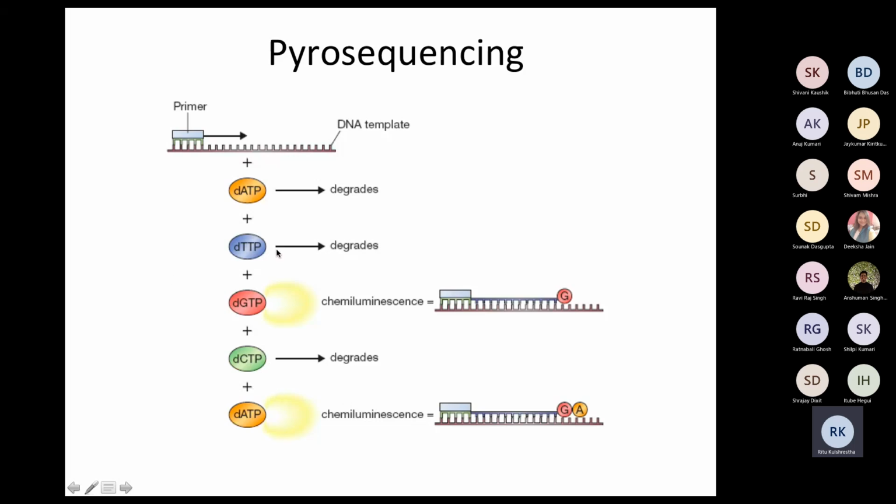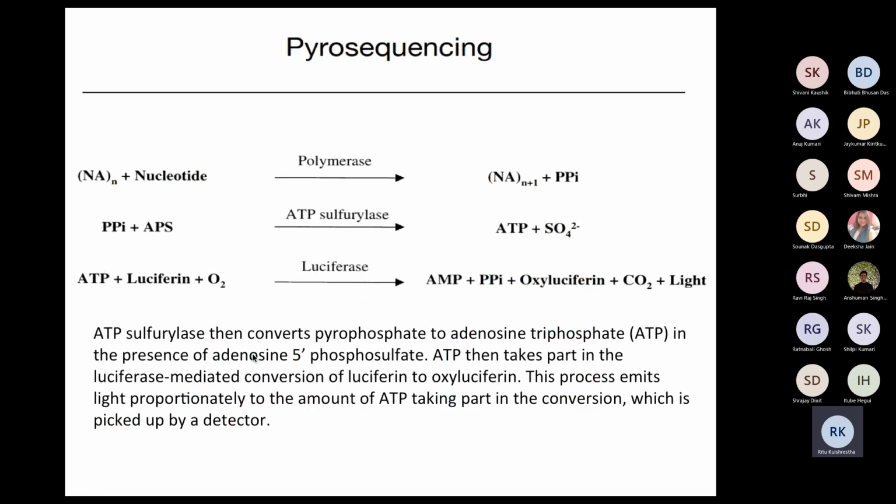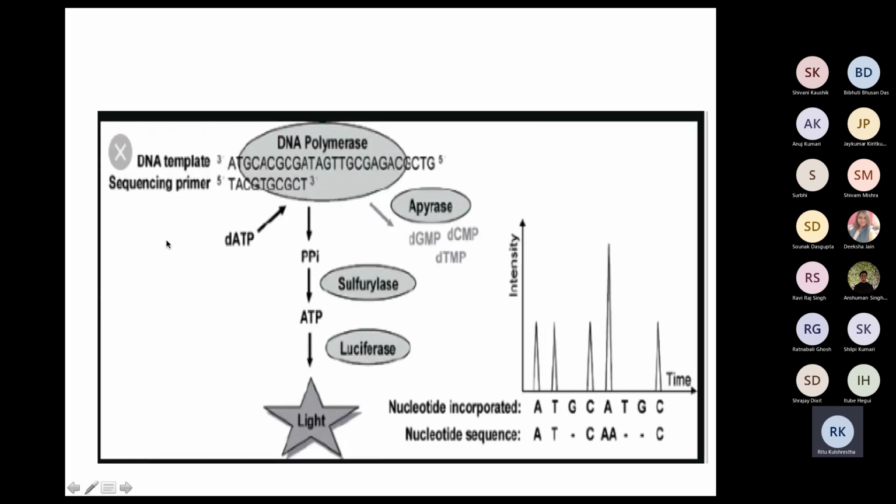If the previous dCTP is also already there and I have not added new dCTP, then it will give me a false signal. So it has to be stepwise, and I have to ensure that the previous nucleotides do get degraded.